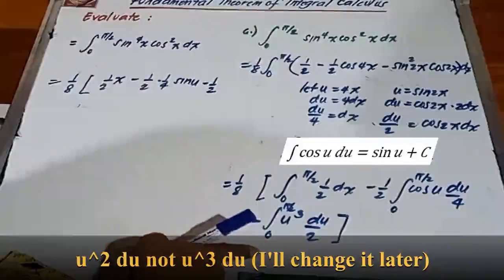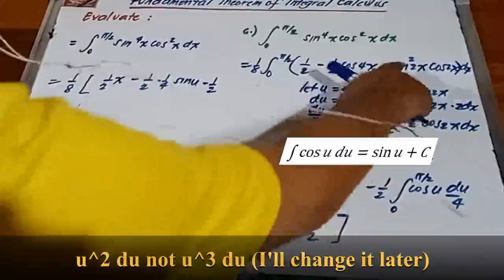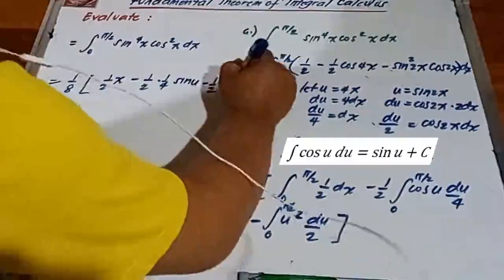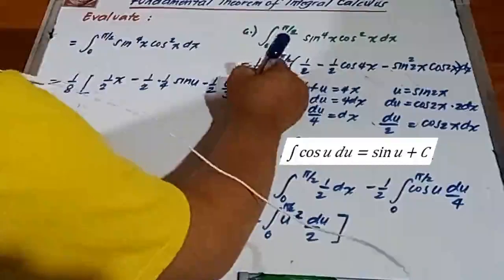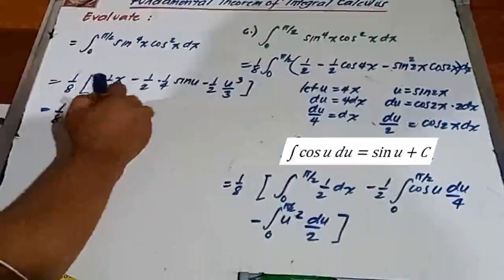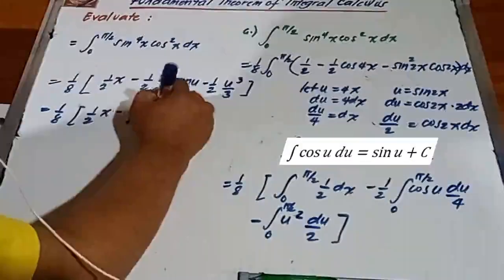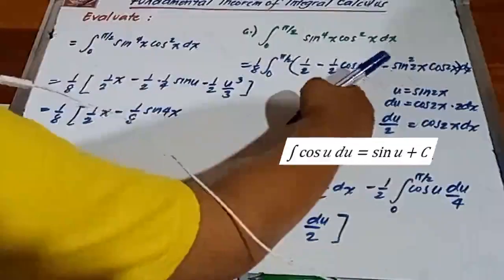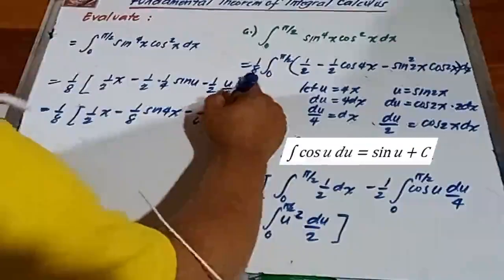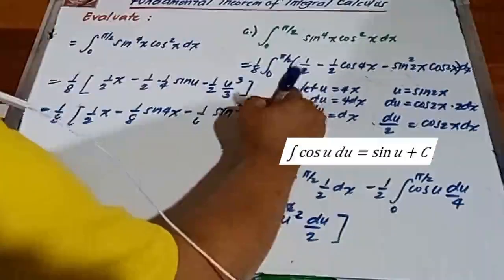Sorry. This is u squared. So, u cube over 3. Okay? Simplify natin. 1 over 8 integral of 1 half of x minus 1 over 8 sine 4x. Minus 1 over 6 u is sine 2x. So sine cube 2x. Okay.